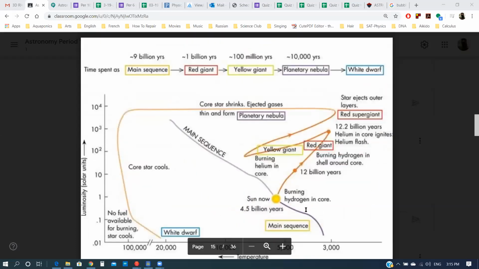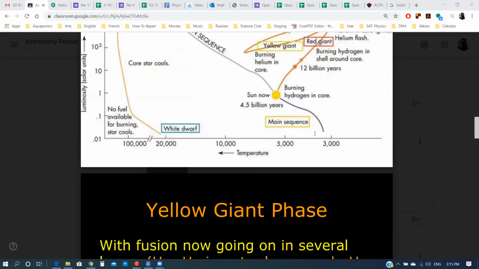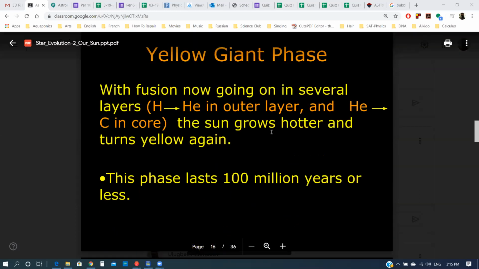We looked at the HR diagram and how the sun drifts from the main sequence to the red giant phase to the yellow giant phase. The amount of helium will fluctuate, and in the case of a star like our sun, this period can last 100 million years. As helium is used up, the star will again go to the red giant phase, and may go back and forth a few times.